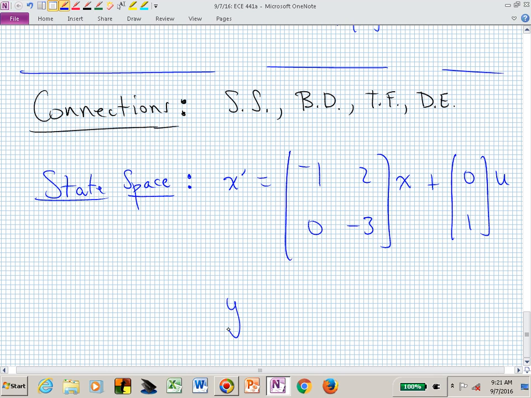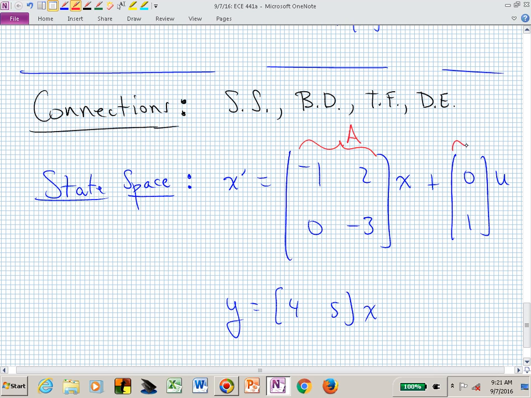And let's say our output equation y is a linear combination [4, 5] of x. In terms of our matrices, here is our A matrix.